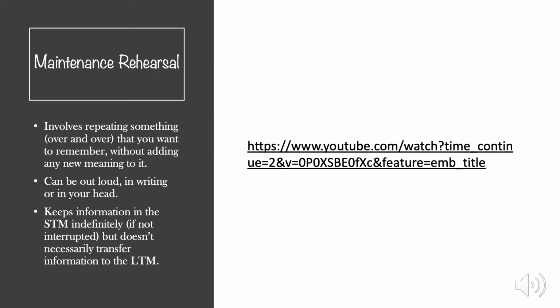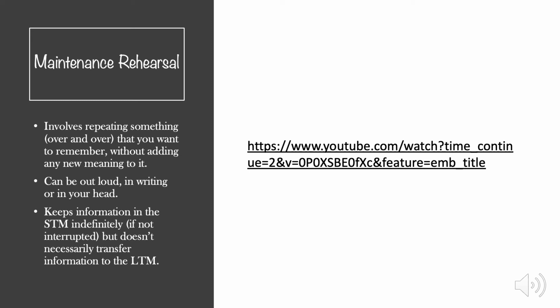It does keep information in the short-term memory indefinitely if it isn't interrupted. If you think about those distraction tasks that we were doing, if you were trying to repeat those words in your brain, then that would have been interrupted by the distraction activity. But it doesn't necessarily transfer information to the long-term memory because it doesn't really have any meaning to it.